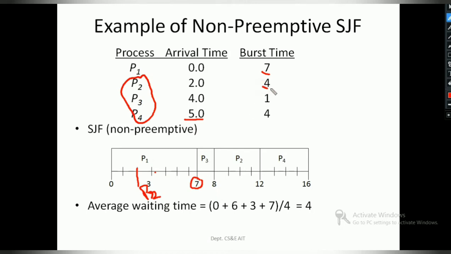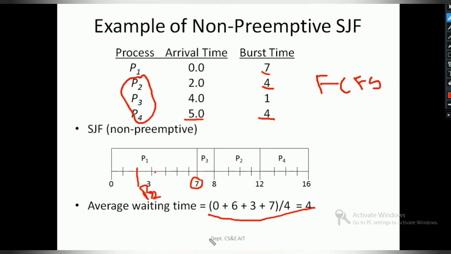You can see there is a tie between process 2 and process 4, which have the same burst time. What could be the tiebreaker? I will use FCFS as the tiebreaker, so whichever process arrived first shall be given the CPU. This is your non-preemptive version of SJF, and you can see the calculation of your waiting time.